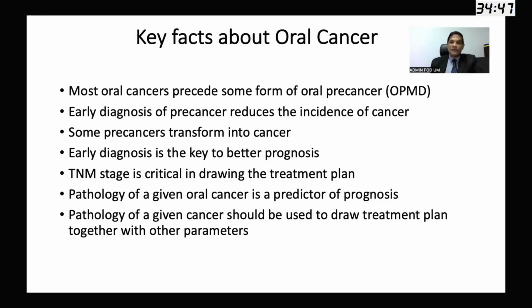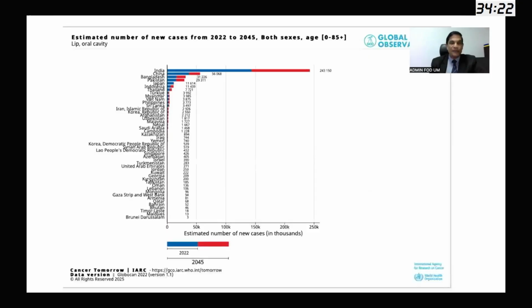We know the pathology of a given oral cancer is a predictor of prognosis, through various parameters. And also the pathology of a given cancer should be used to decide or draw up the treatment plan. Of course, the clinicians can use not only the histopathological but also other conventional things, but histopathology should play a major role as well.